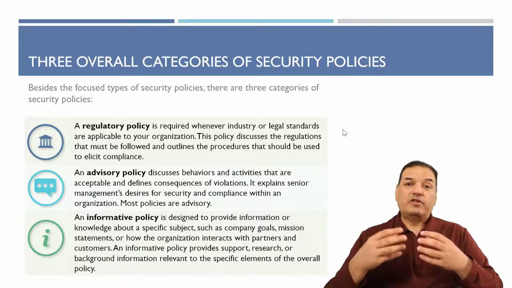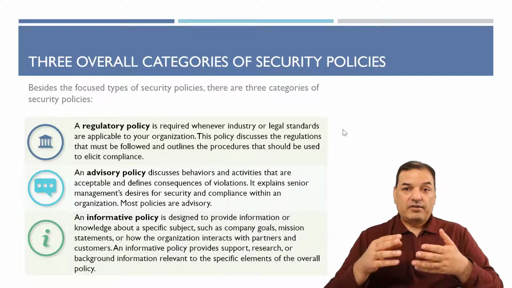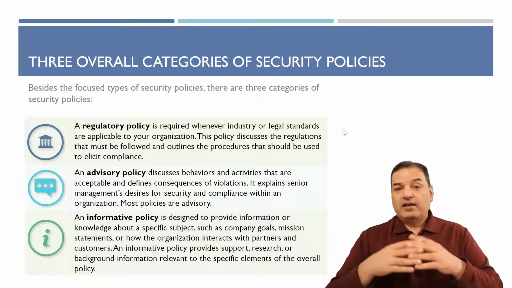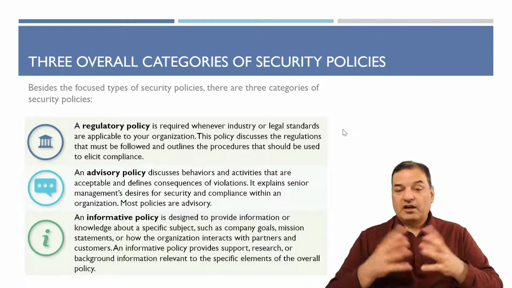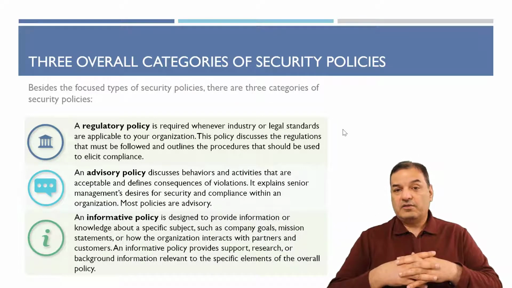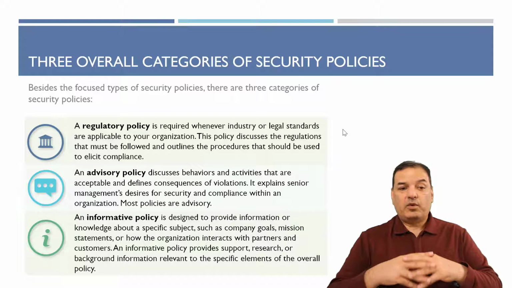If you're in the finance industry, you may have Sarbanes-Oxley, you may have GLBA, and you may have other standards required by the Department of Defense if you're dealing with the defense industry. There are many examples of these that organizations have to comply with.